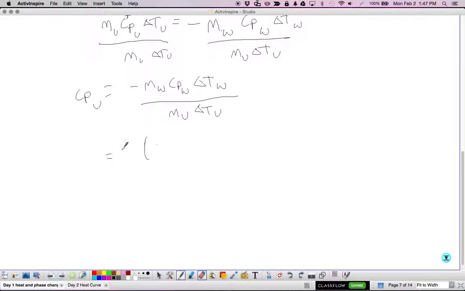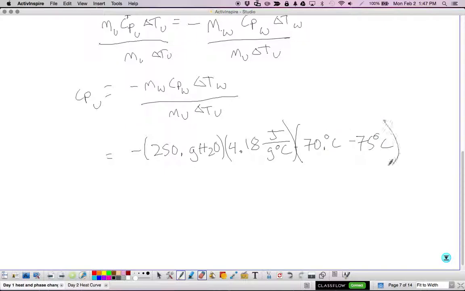So that's negative 250 grams of water times the specific heat of water, which you look up on the table, it's 4.18 joules over grams degrees Celsius. Okay? And then the last one is delta T, which is final temperature, which is 70 degrees Celsius, minus the initial temperature, which is 75 degrees Celsius.